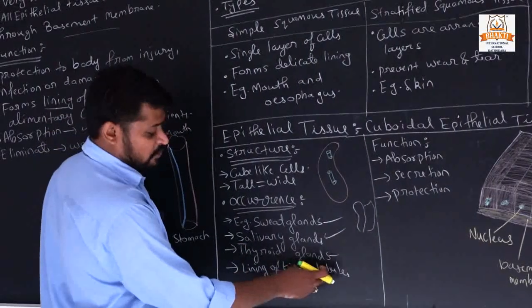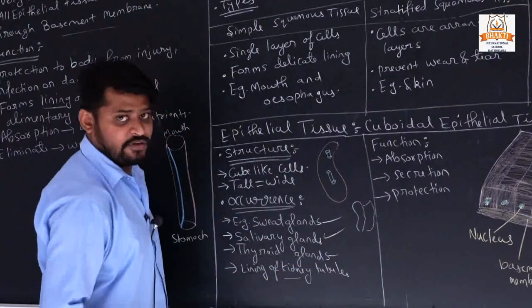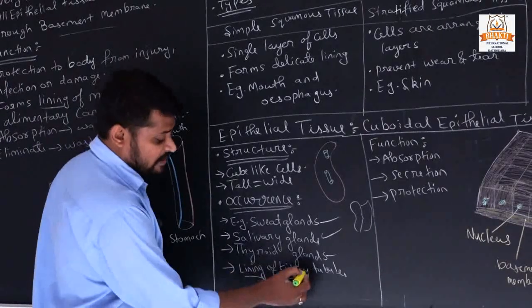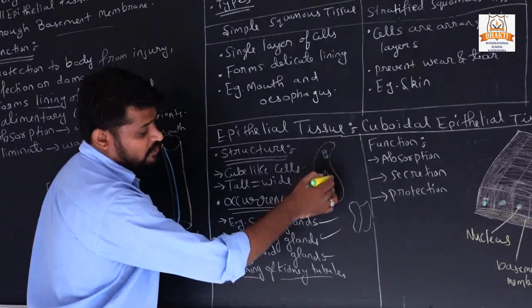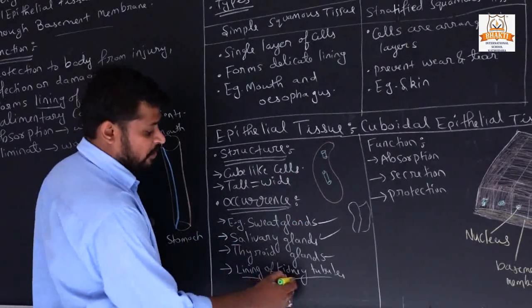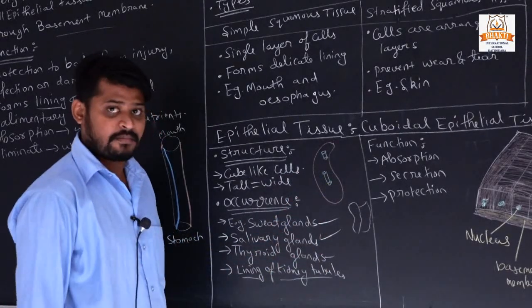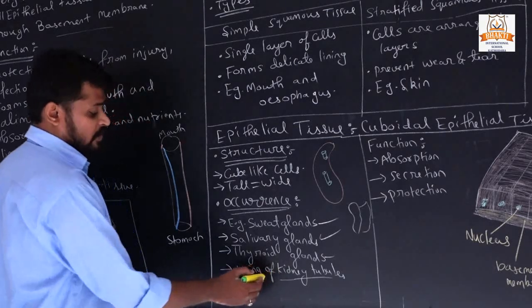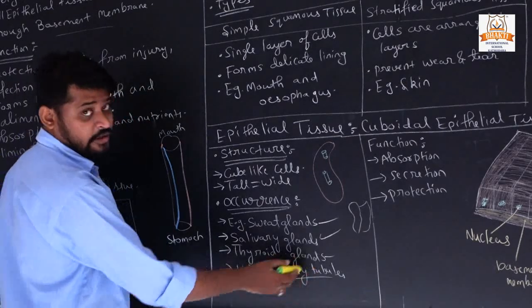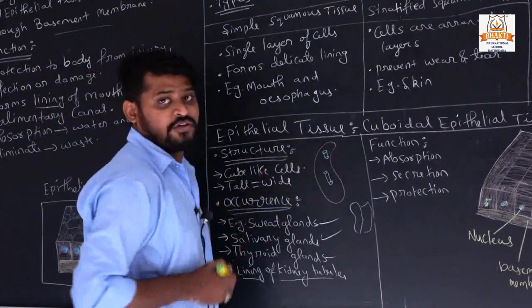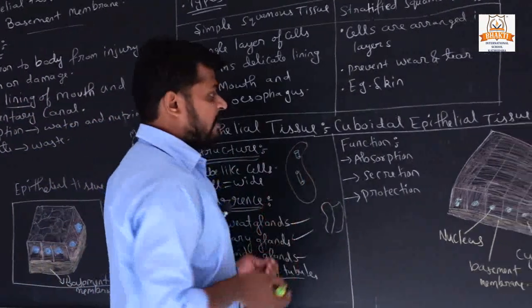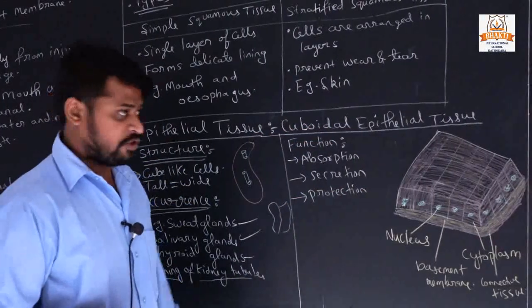Lining of kidney tubules. We already know what kidney is and what lining is. What are kidney tubules? In the kidney, tubule-like structures are present, and that is called kidney tubules. They also have a lining surface, and it is made up of cuboidal epithelial tissue.